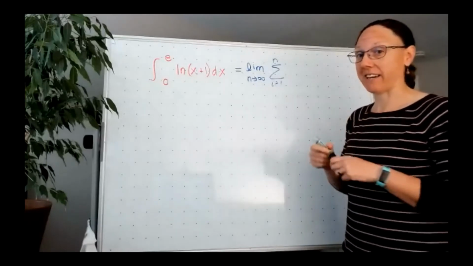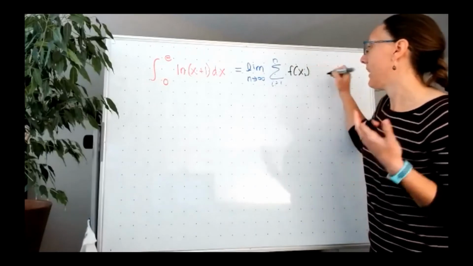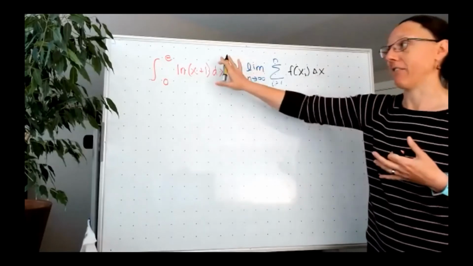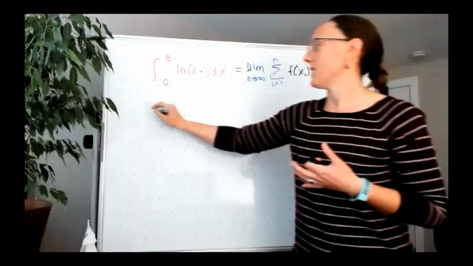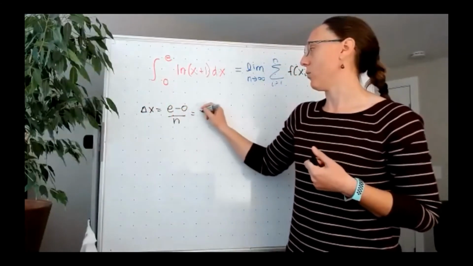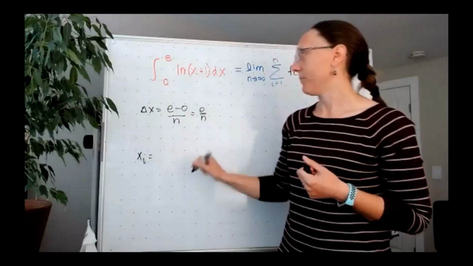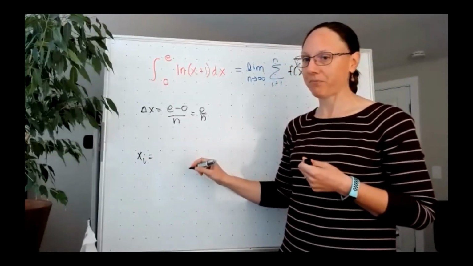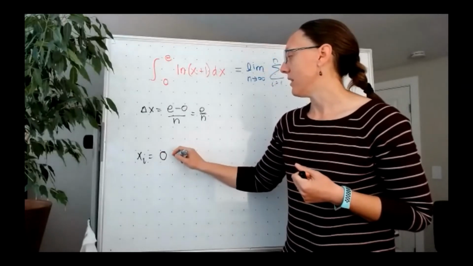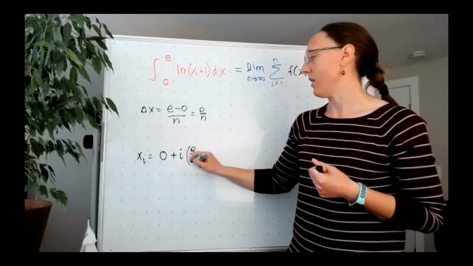Now, the two pieces that I have to actually fill in, I know that I need to find f of x sub i, and I need to find my delta x. So these are the two pieces that we have to find for the given problem. My delta x, I'm going to get by doing e minus 0 divided by n, or e over n. And then I'm going to get my x sub i by taking my starting point of 0 and adding to that i times delta x, or e over n.